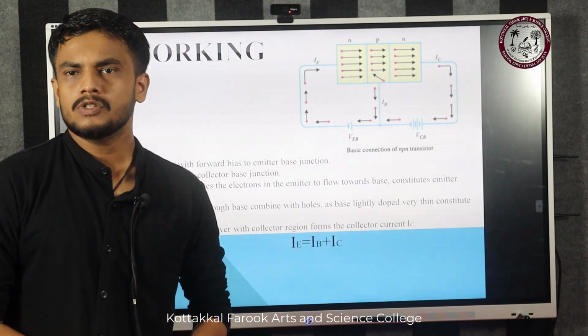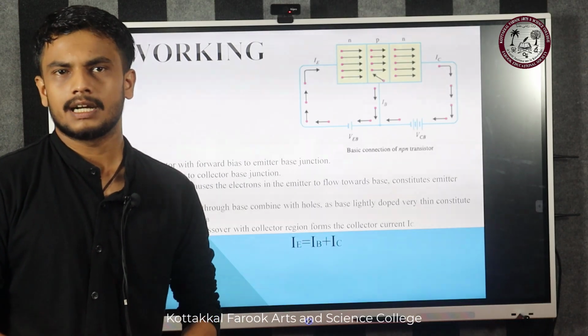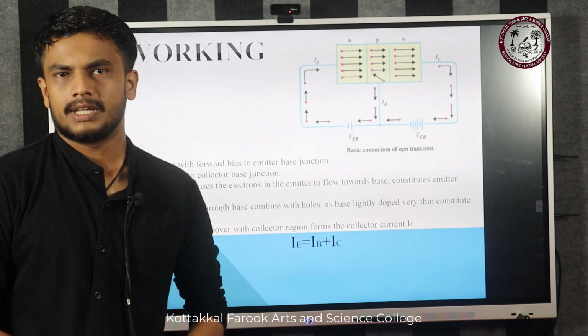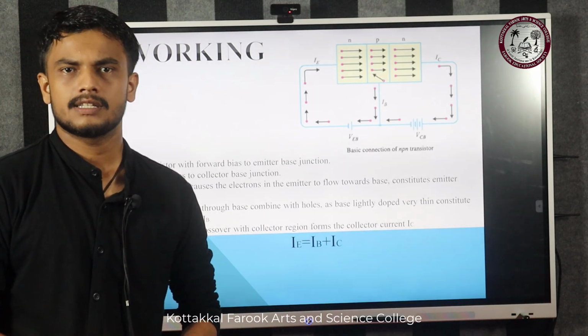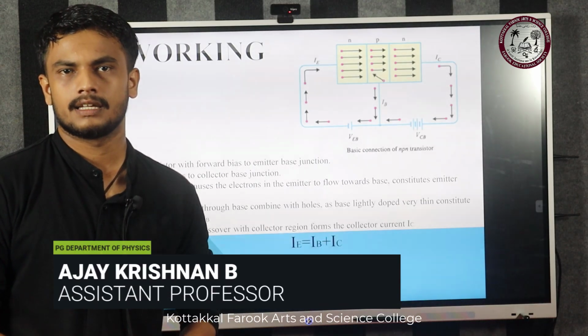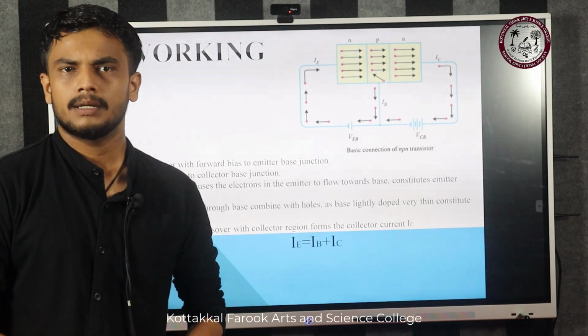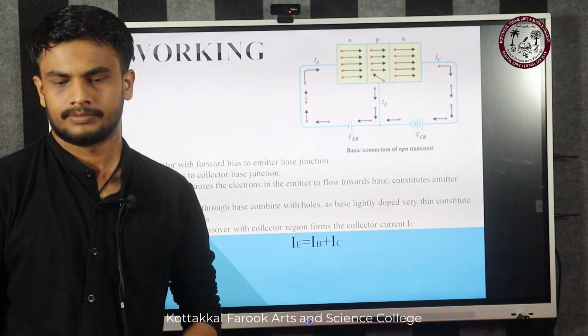Electrons flowing in the base combine with the holes and constitute the base current IB. The remaining current flows through the collector, which is called the collector current IC, which means that the emitter current is equal to the collector current plus the base current, which is the equation we can see here.